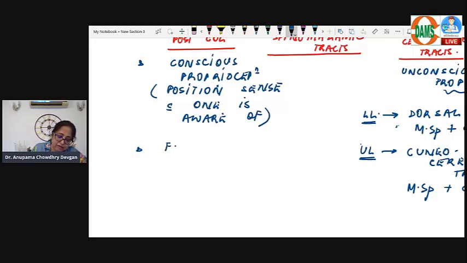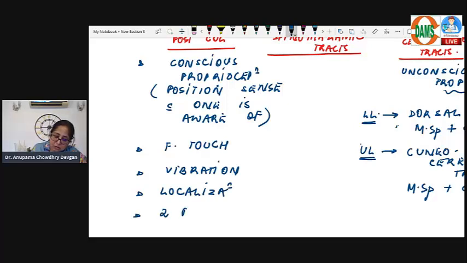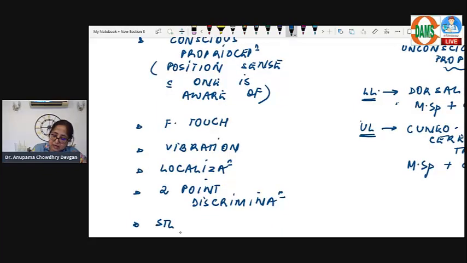Posterior columns will carry fine touch, vibration, localization, 2-point discrimination, and stereognosis.